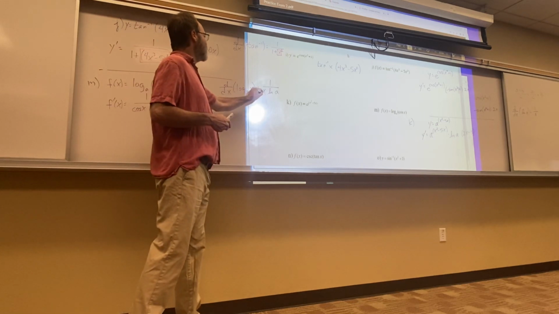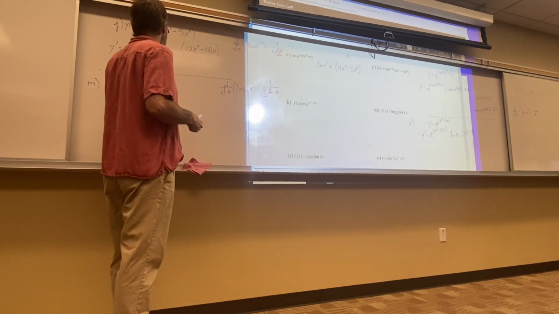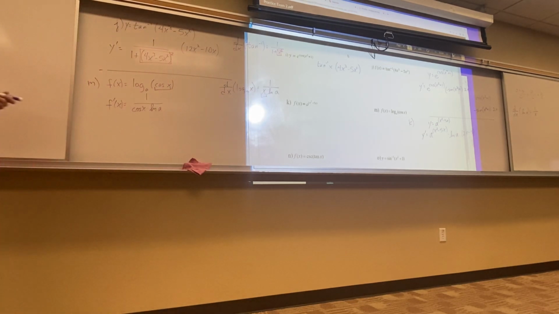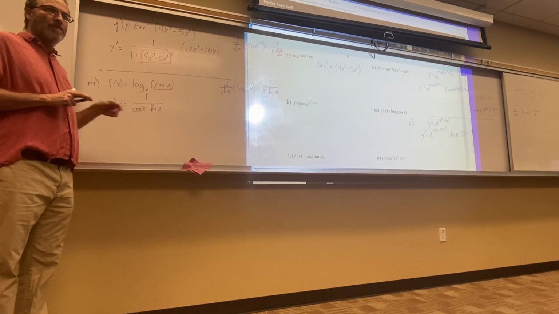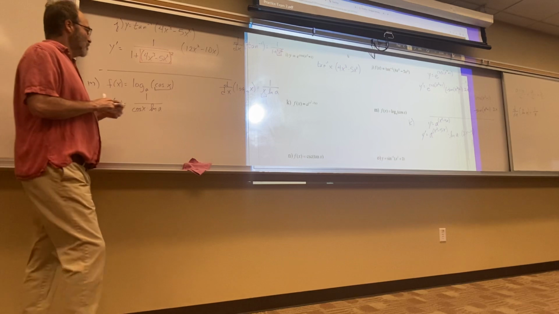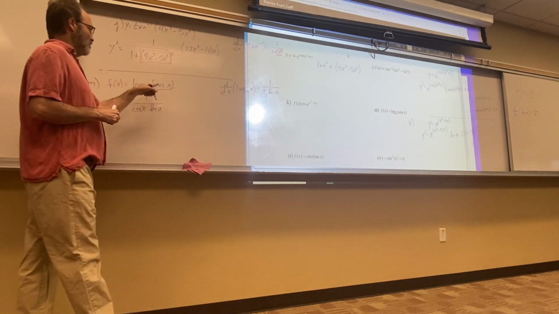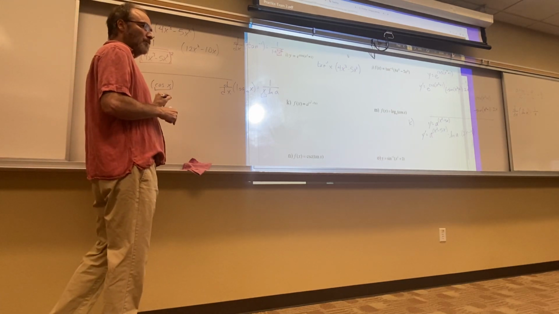So this x there is getting replaced with that cosine x. But we're not done. What do we have left to do? Times the derivative of the cosine x, right? The derivative of the cosine, which is negative sine.